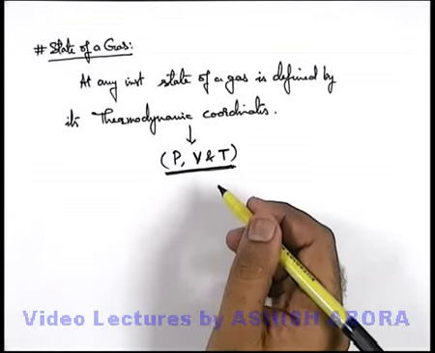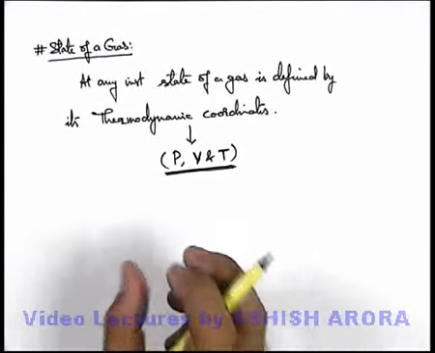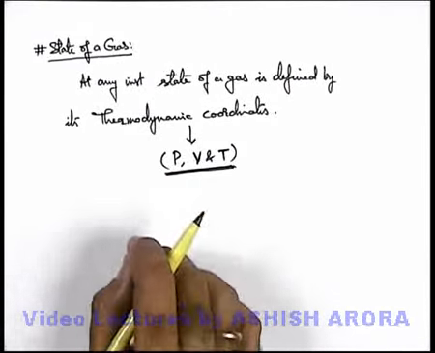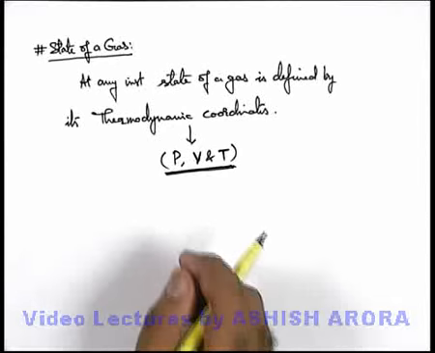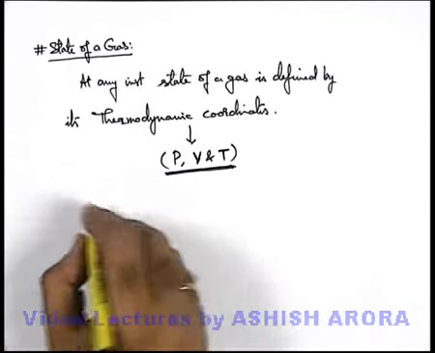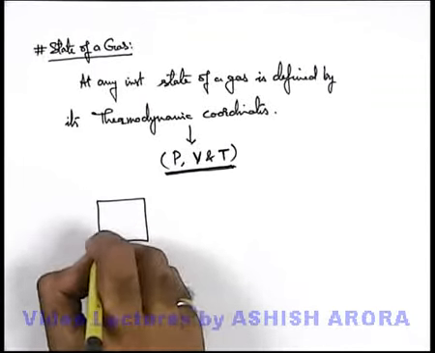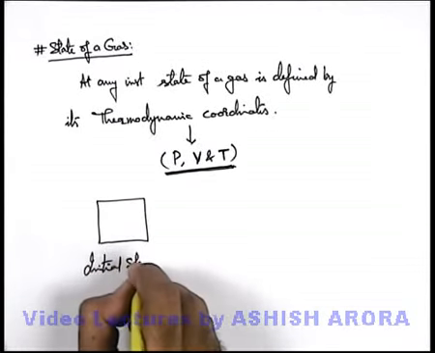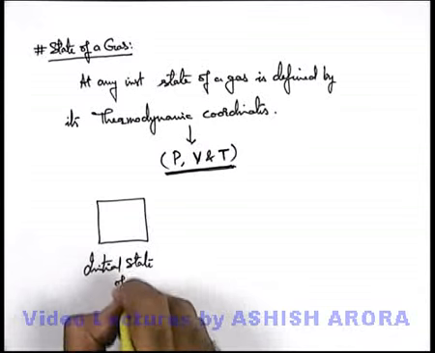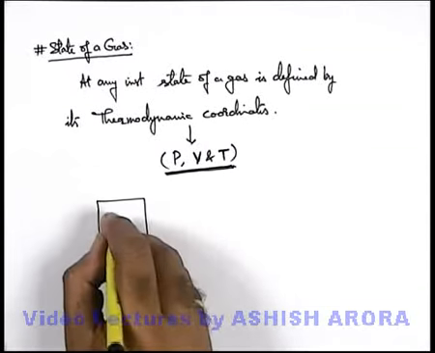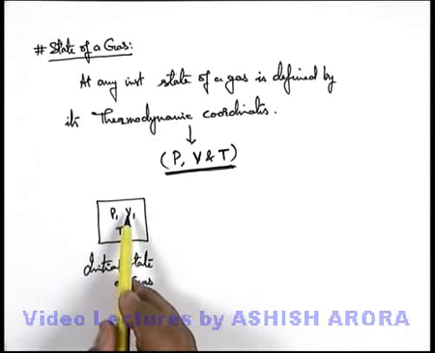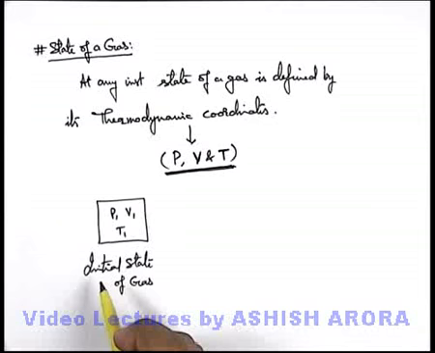Whenever a gas is enclosed in a container and its pressure, volume, temperature are changed by a particular process, say initially, for a given situation, the initial state of gas is P1, V1 and T1. That means initially a gas is at pressure P1, its total volume is V1 and its temperature is T1.